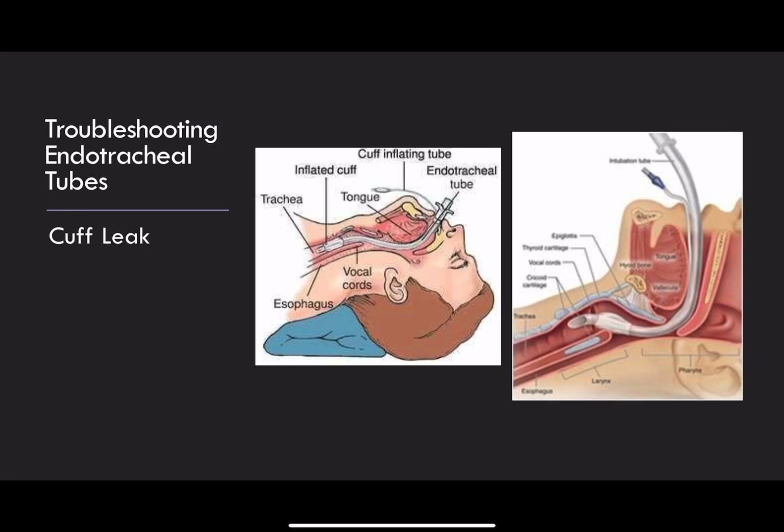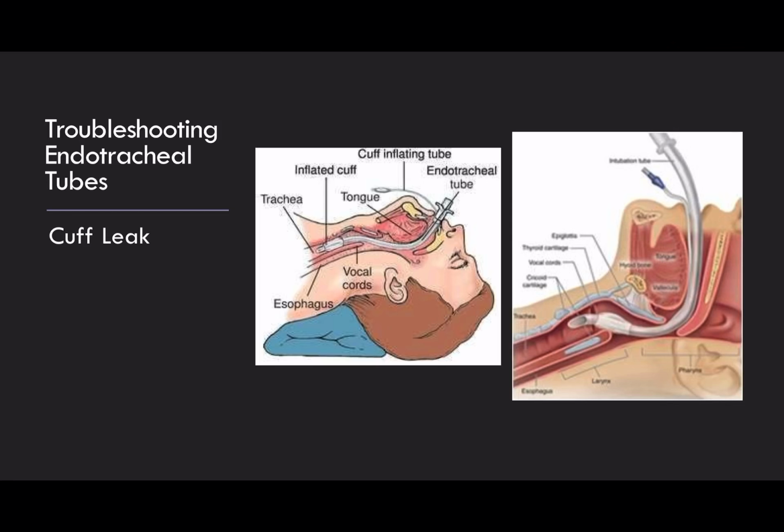Now, when we think about troubleshooting, there are three main things that you as the junior will get called for with problems with endotracheal tubes. The first is a cuff leak. If you take the picture on the left-hand side, you can see where the cuff should be sitting.